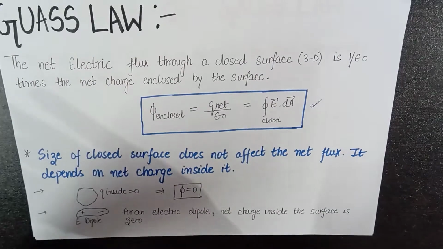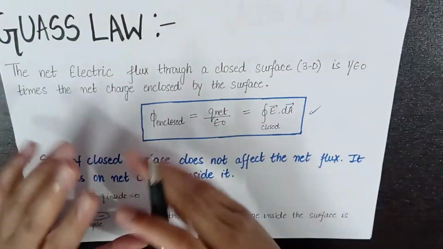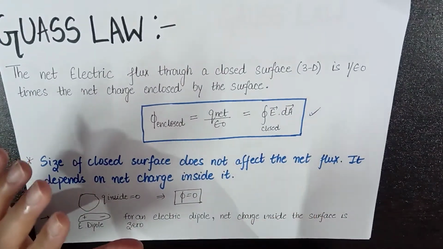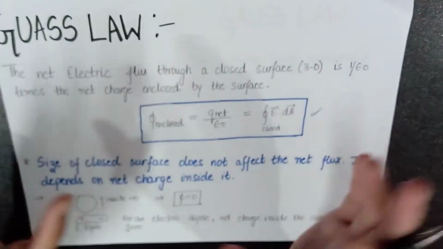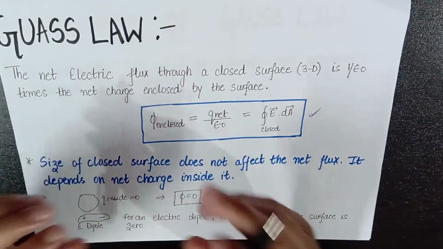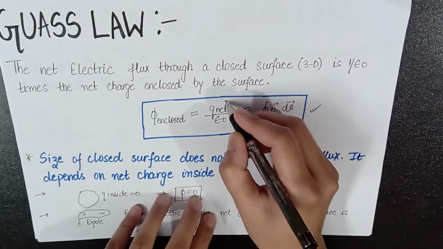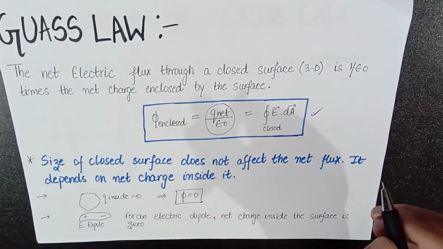It actually doesn't depend upon the size of the closed surface, whether it is small or big. It only depends upon the amount of charge enclosed in that surface. If more charge is enclosed in it, then your electric flux will be more, because it depends upon the amount of charge enclosed, not on the dimension of the area.